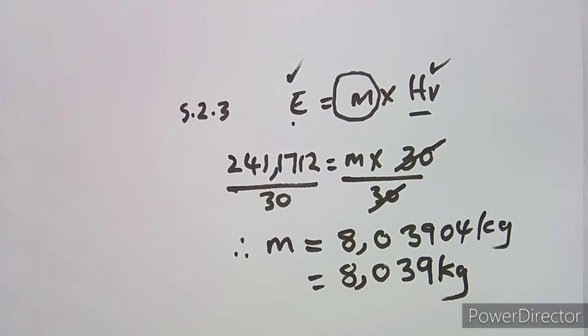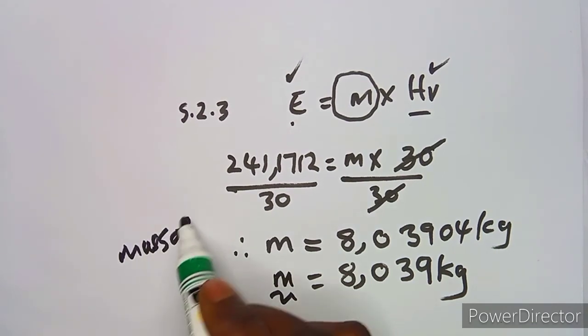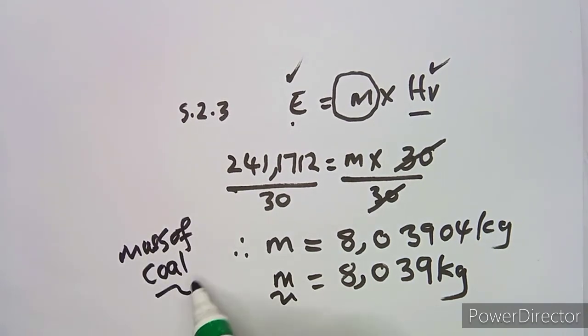So that is the quantity there, the mass. You're actually calculating the quantity of coal. So this is the mass of coal. As you can see, guys, there's a great relationship that you need to know in connecting formulas. You need to connect the formulas in a proper manner.